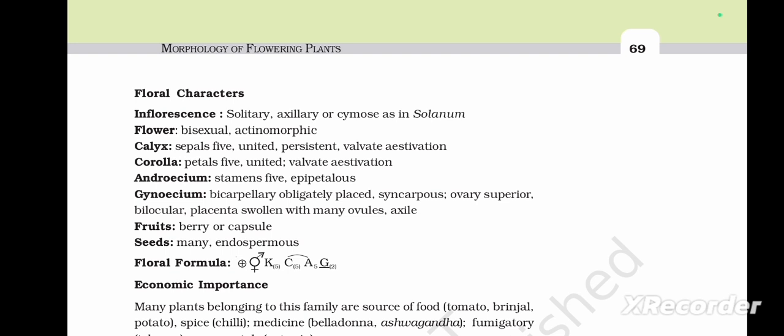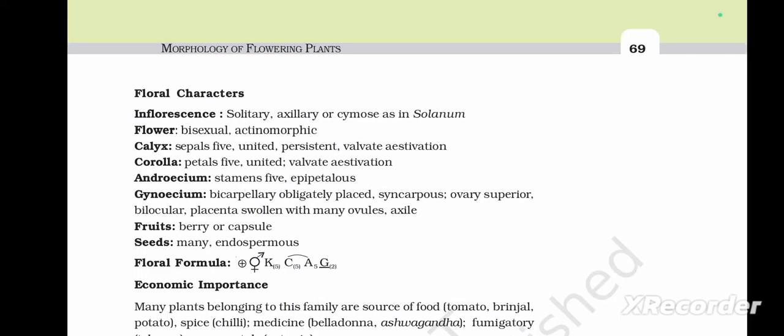Corolla: petals are 5, united, valvate aestivation. Androecium: stamens are 5, epipetalous. Gynoecium: bicarpellary, obliquely placed, syncarpous, ovary superior, bilocular, placenta swollen with many ovules, axile. Fruit, berry or capsule. Seeds are many, endospermous.